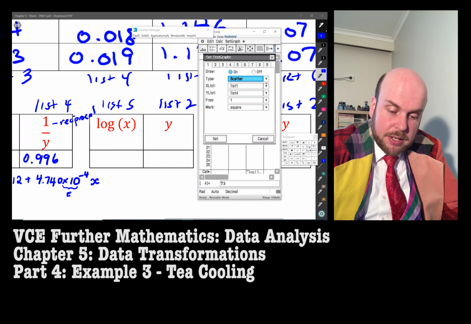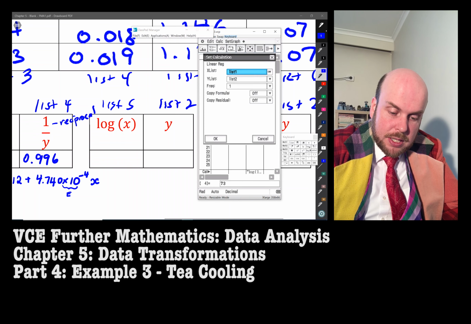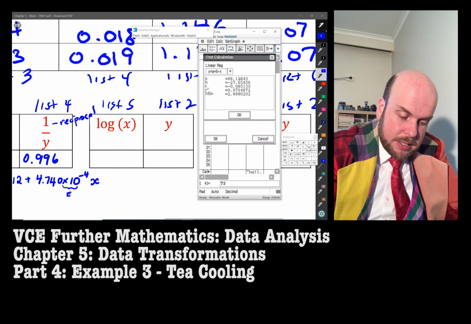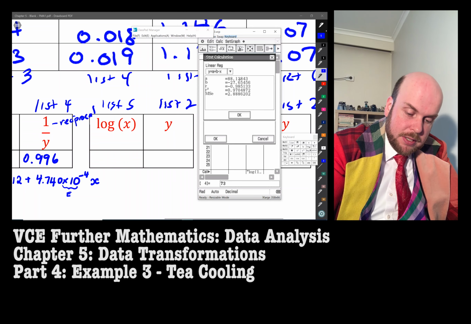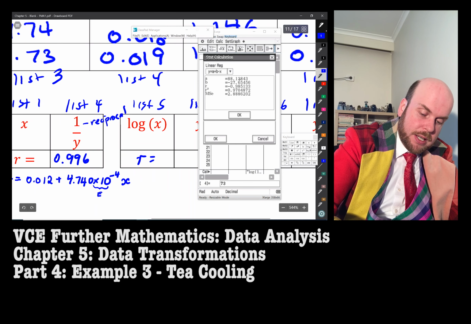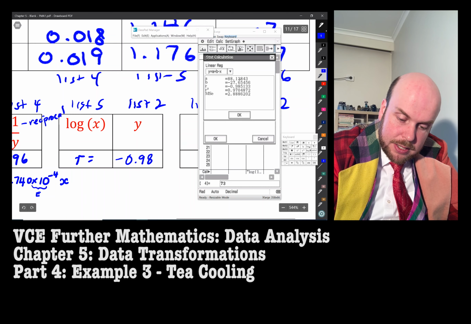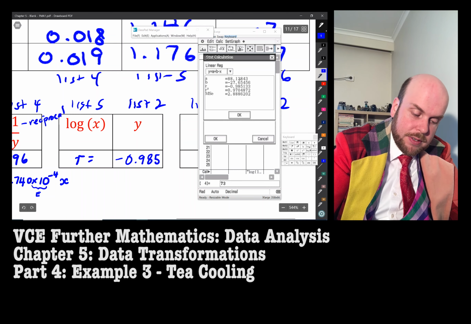Now we can try a log X. So what we're going to do is set graph setting. X list is list 5, this is list 2. Regression, linear reg, list 5, list 2. And no, it hasn't done anything better than the last one. So the R here is negative 0.985.